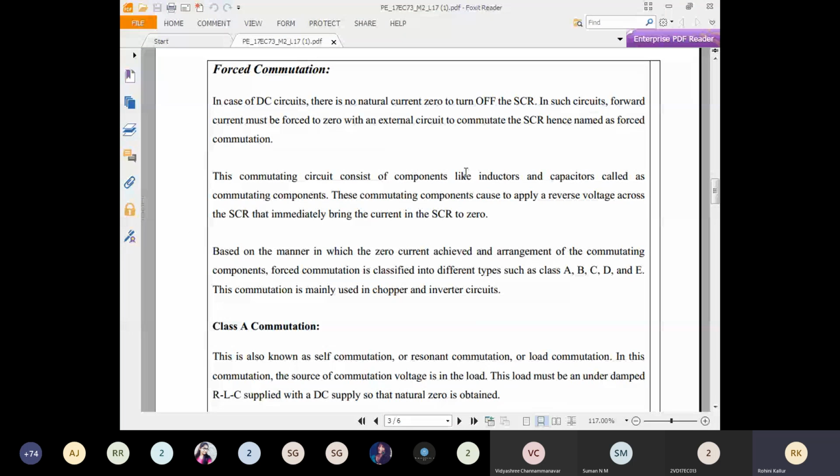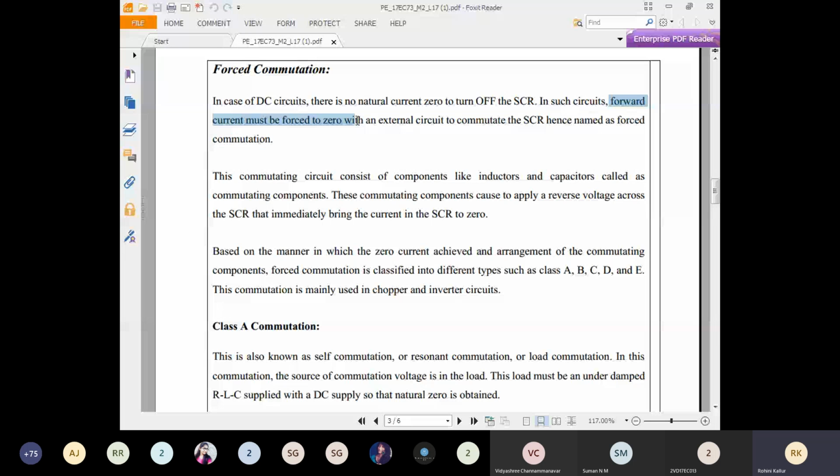When we implement the first condition, we divert the current flowing in the device through the commutating circuitry, so that the current is diverted to some other wing, and the current flowing through the SCR is brought back to less than holding current. That is the funda behind forced commutation. So here the forward current or the anode current will be forced to 0.